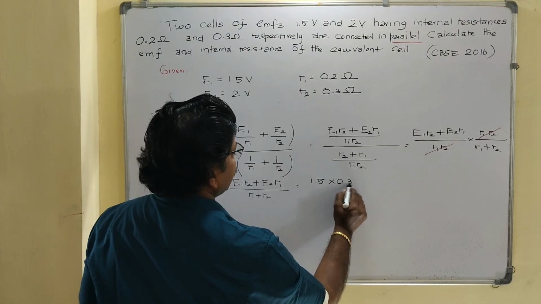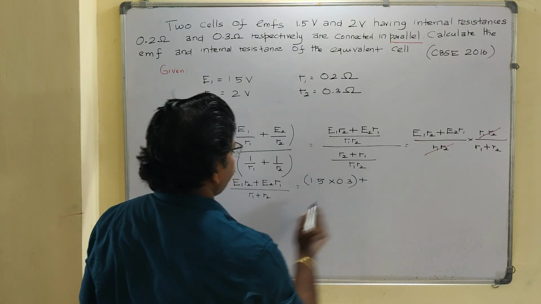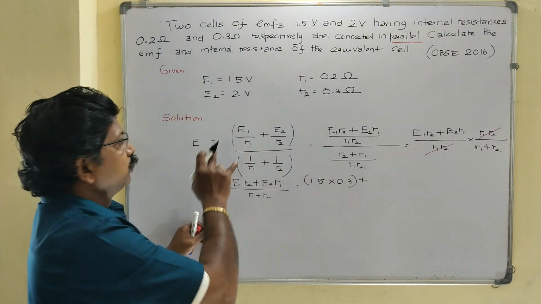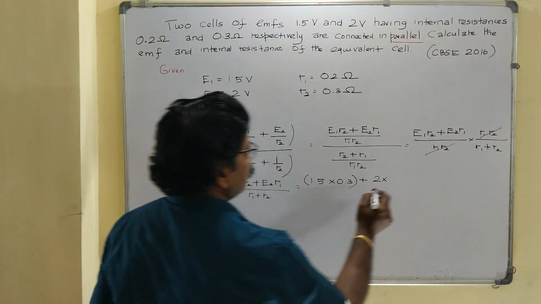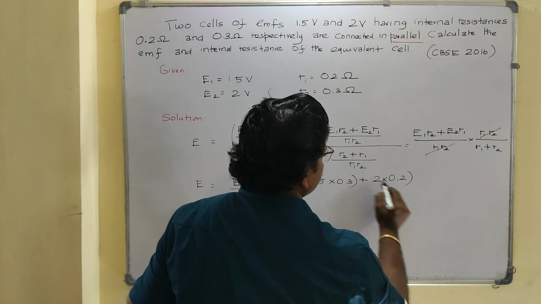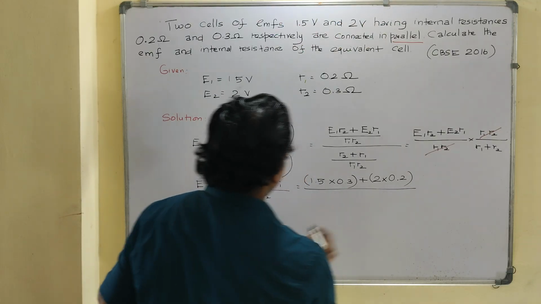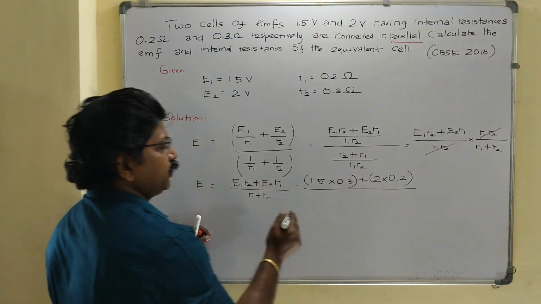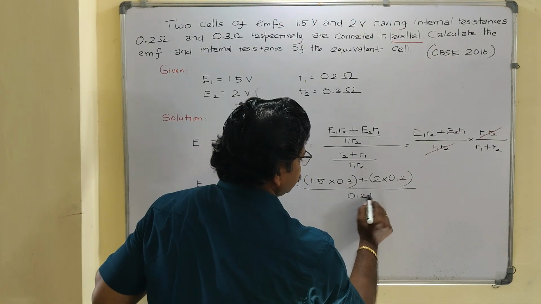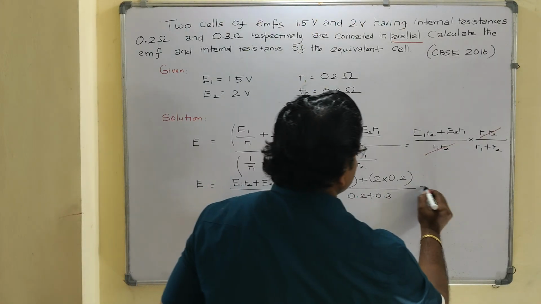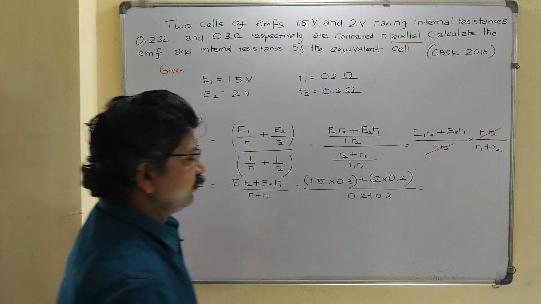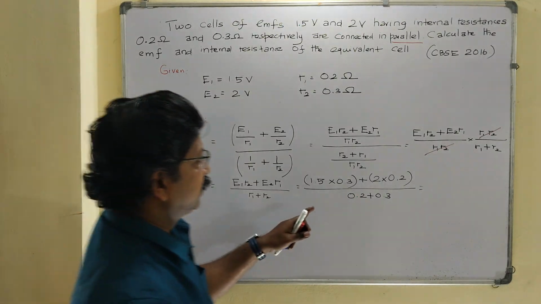Now substitute the values of E1, 1.5, into R2, 0.3, plus E2 value 2 into R1 value 0.2, divided by R1 plus R2, 0.2 plus 0.3. So E equal to 1.5 into 0.3.